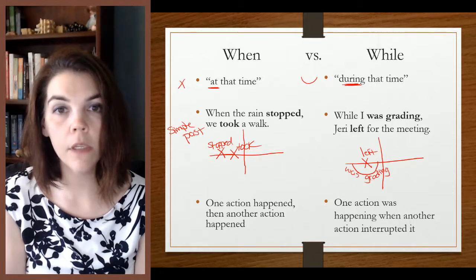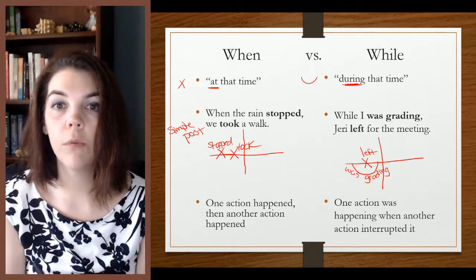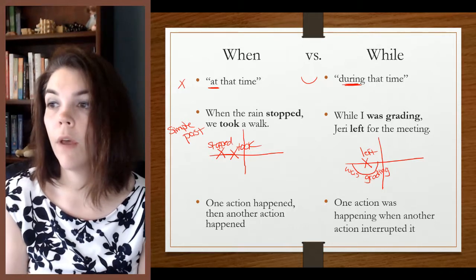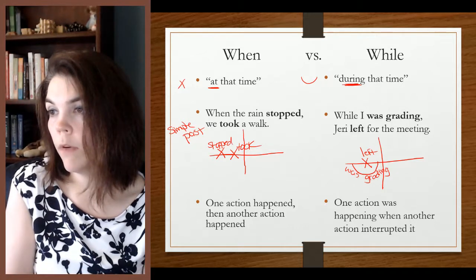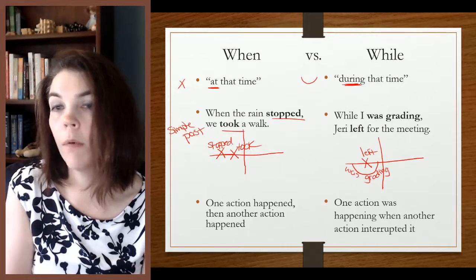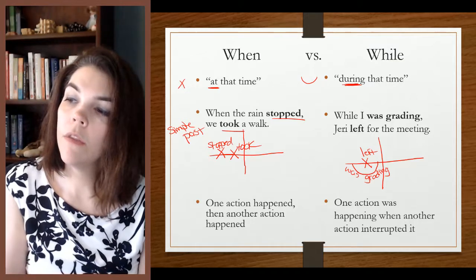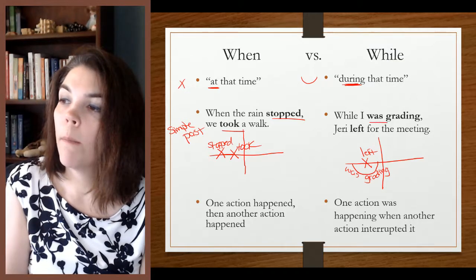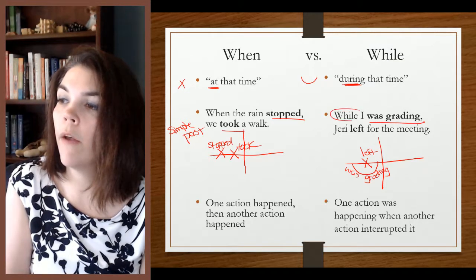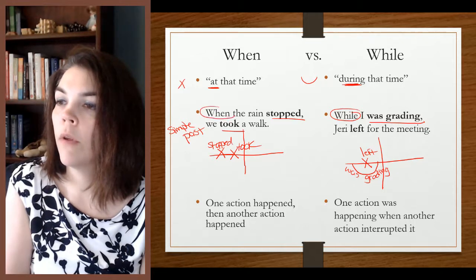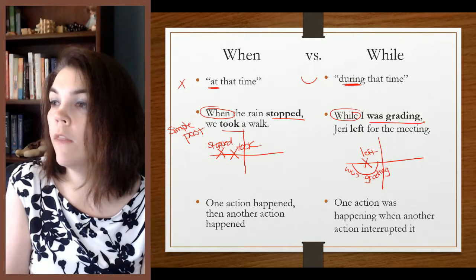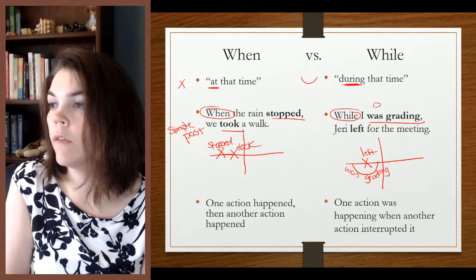One action happened, then another action happened when we have simple past with when. So we have simple past here, simple past here. This one we had past progressive with while. Let me circle my when too. And this is in the dependent clause.